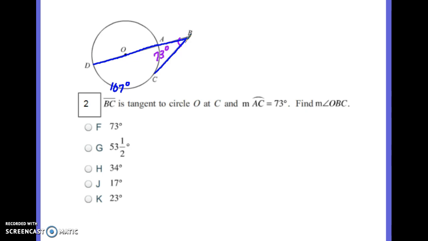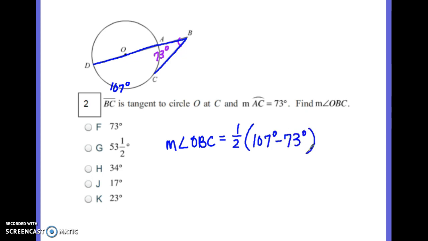So to find the measure of that angle, the measure of angle OBC is equal to half the difference of the measure of the intercepted arcs.